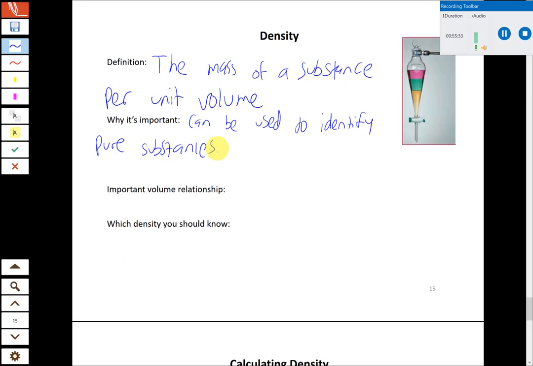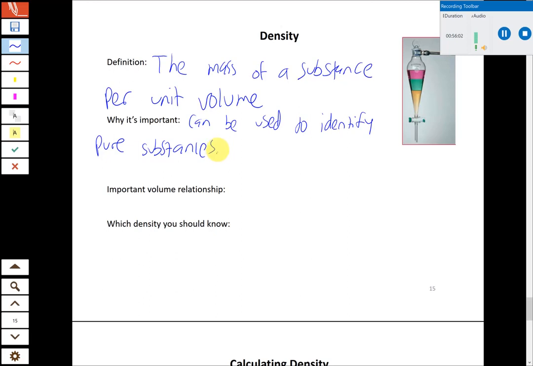It's very easy to measure because all you have to do is measure the mass and volume, which are two very simple, non-destructive quantities to measure. And you can use it to identify if someone's trying to sell you real gold or fake gold, because real gold will have a certain density. People that try to sell you fake gold, that density will be at least a little bit different from the density of real gold because it's a different substance and has a different density. So it's not the only analysis you should do in that situation, but it's a very quick and easy one to determine whether the substance is what you think it is.